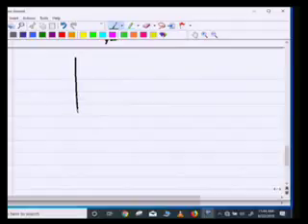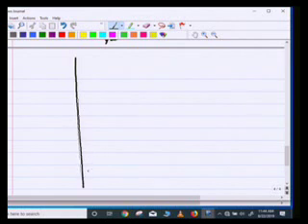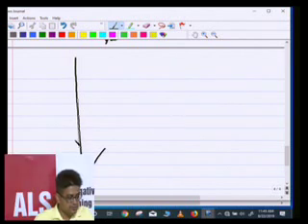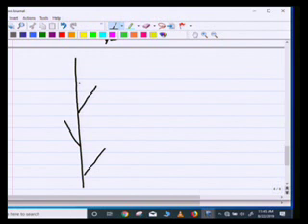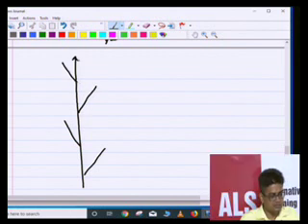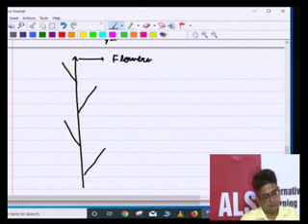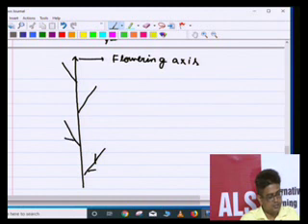I'll draw the flowering axis plan. This is the flowering axis plan of wheat, rice, maize, etc. This is the main flowering axis, and it bears many small spikes, called spikelets.